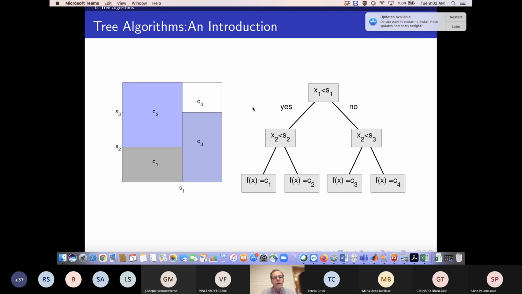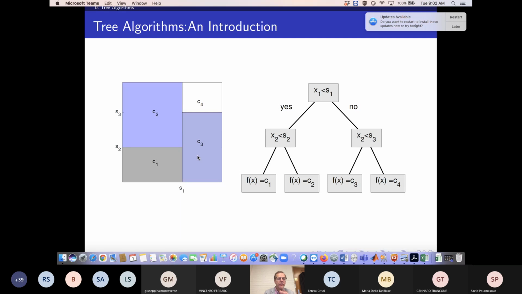So you have some training data, and when we are talking about classifiers, you want to classify the data into different classes. The training data has been classified by an expert. In this particular example, you have a two-dimensional data space, so two attributes, or two coordinates in your data vectors.